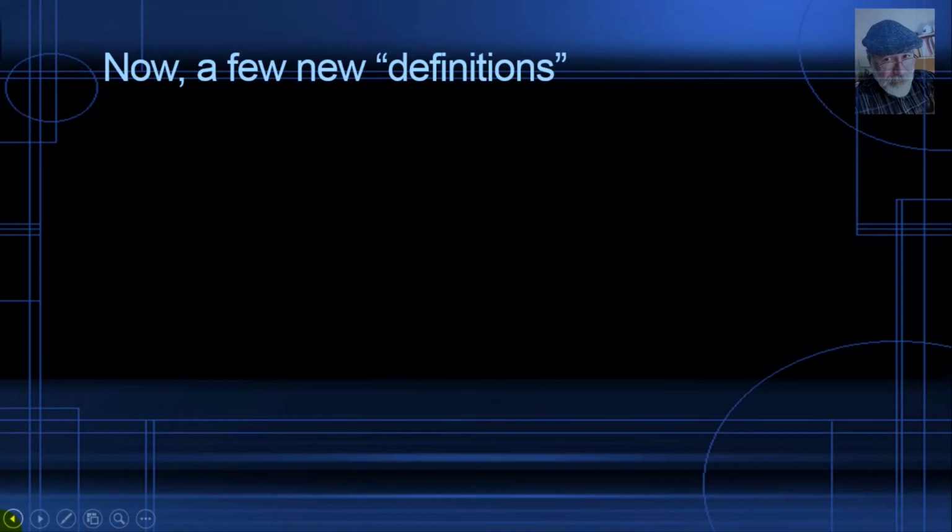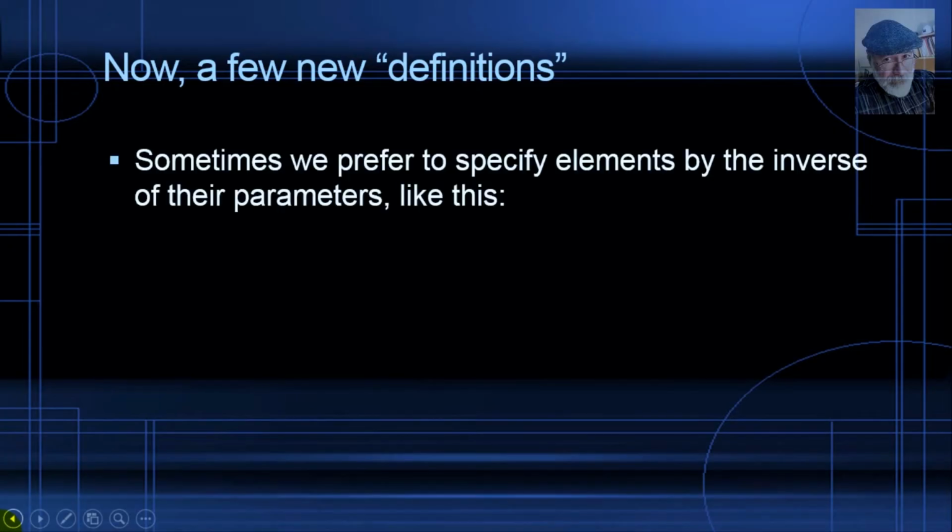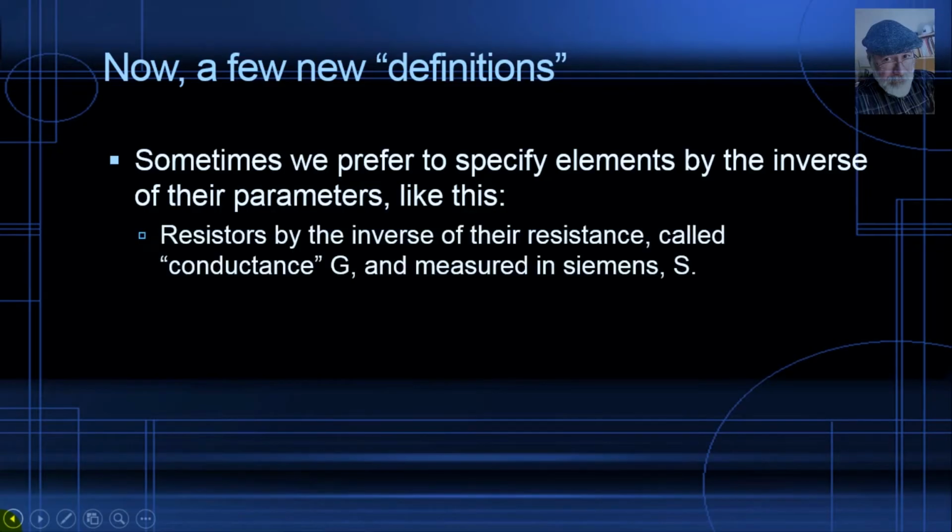Now a few new definitions. Sometimes we prefer to specify elements not by their parameters, resistance, inductance, capacitance, but by their inverse. For a resistor, the inverse of the resistance is called the conductance.